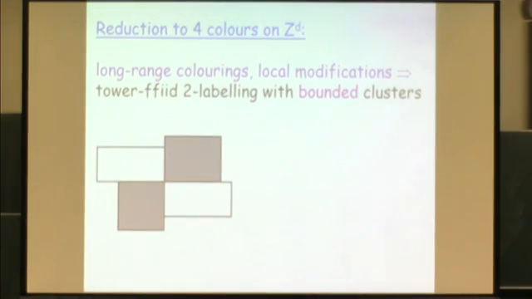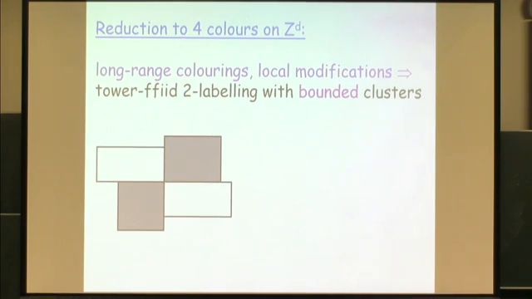The reduction to 4 colorings is considerably harder, but we were able to do it by starting from these colorings with some number of colors and also some long range colorings as well. So not on ZD, but on a spread out lattice of ZD, you can also get a proper coloring of that.